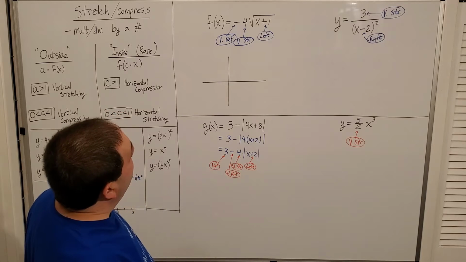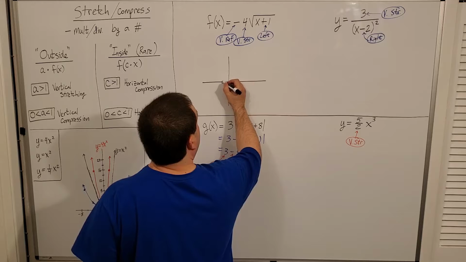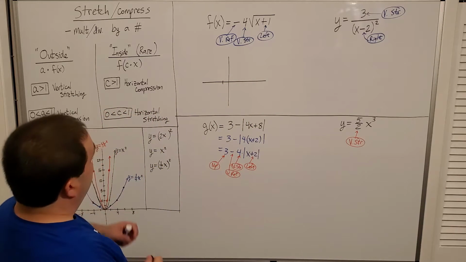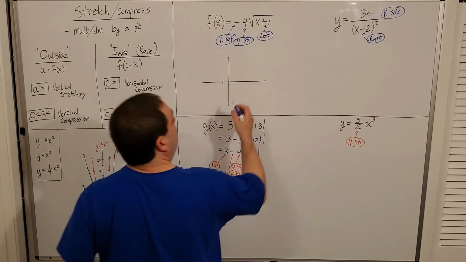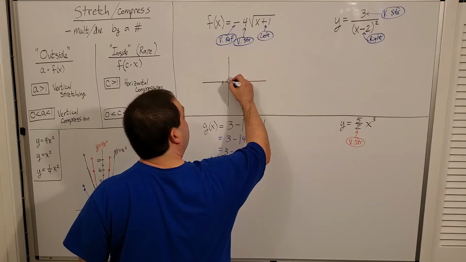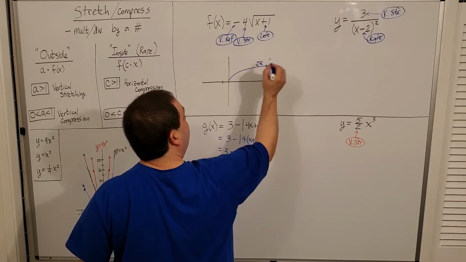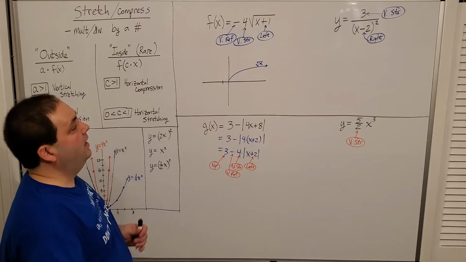So then what I want is a shift to the left by 1. That's going to be my new center point. And technically, my original square root function looks like this, right? I'm going to label this as square root of x. I know what you're thinking. Why did he do that?